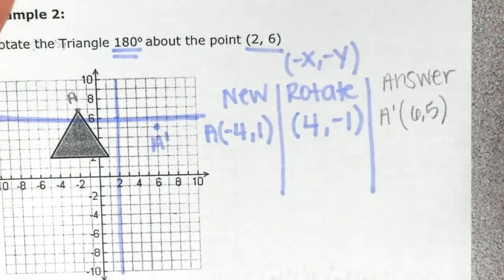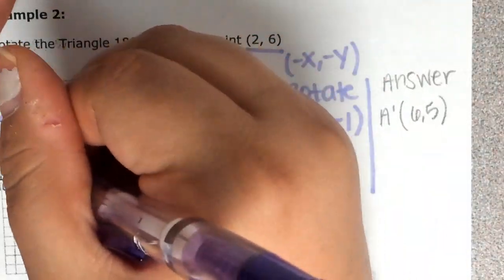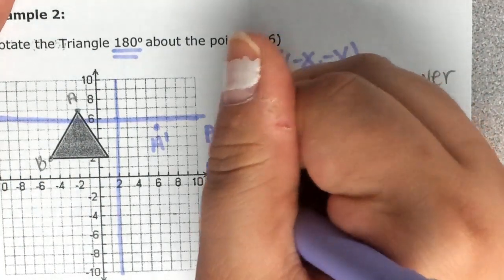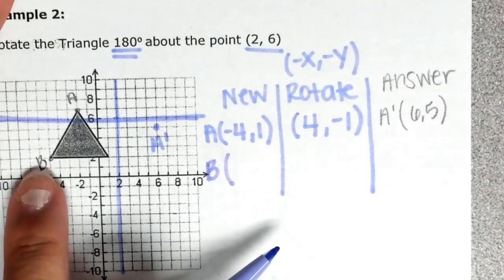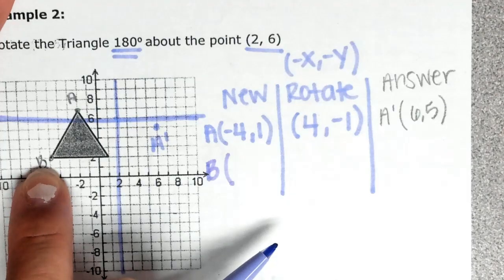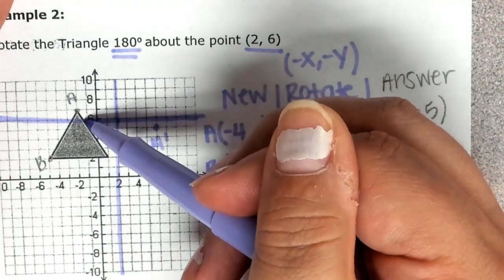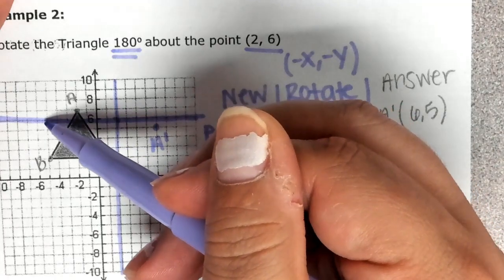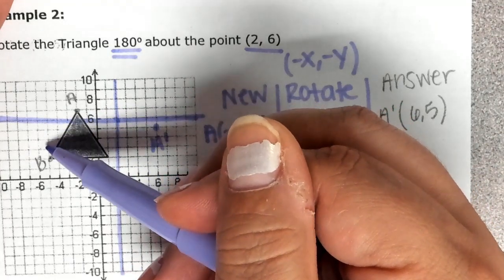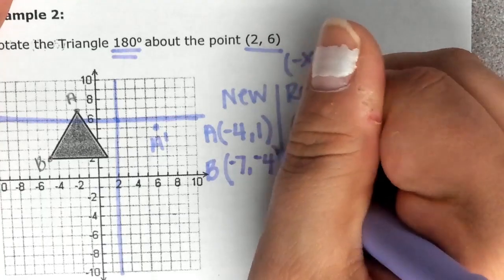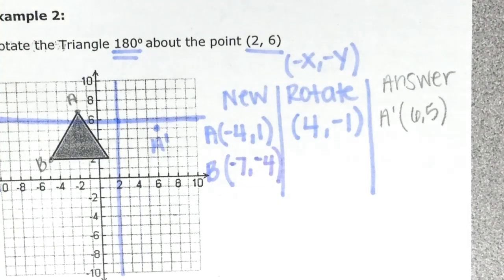All right, B. B is going to be this one right here. Where is this B according to my new origin? Negative 7, negative 4. Yep, that's what I got. Go left 7, down 4 from your new origin.